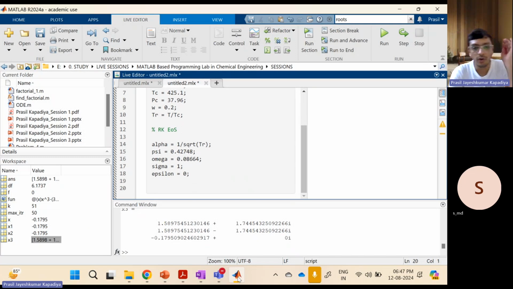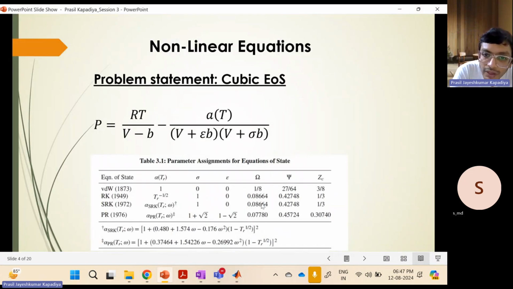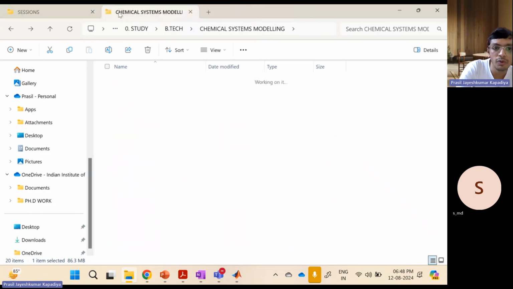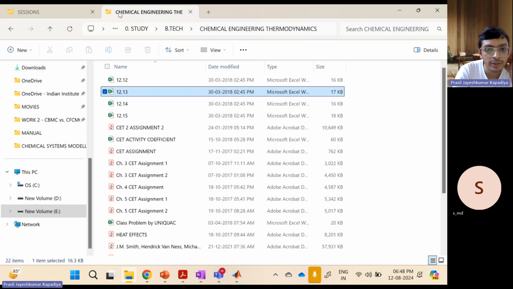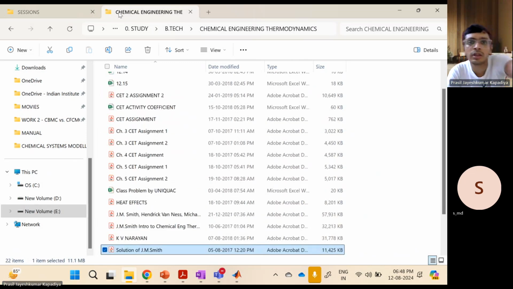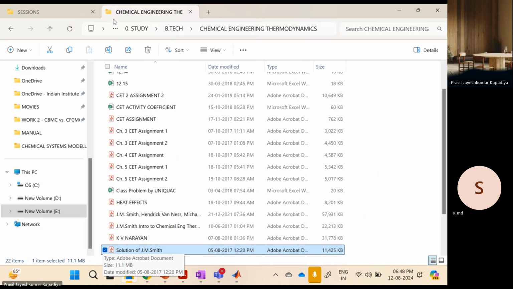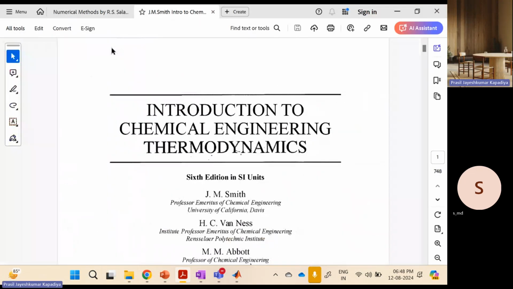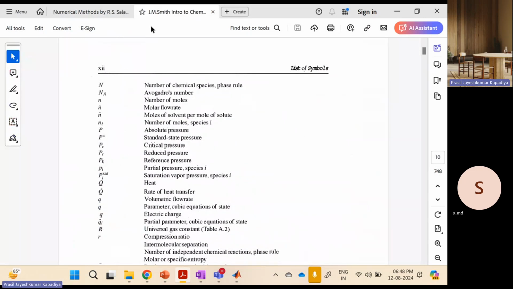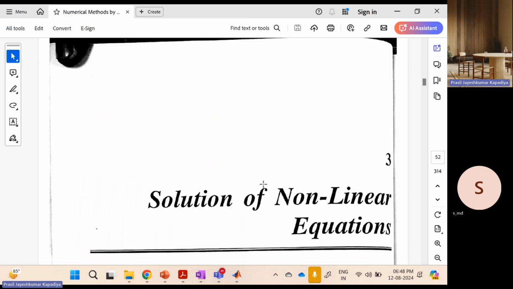Okay. So now I need to know the value of A and B. Let's go to the book and see how we can calculate it. Chemical Engineering Thermodynamics. Yeah, this is the book. This version, right?